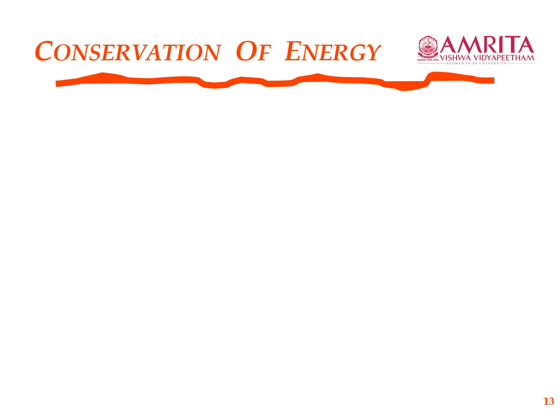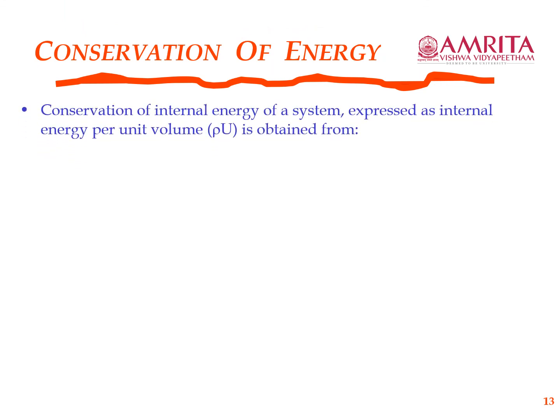Now, if I were to look at energy, again I have to look at energy per unit volume. And now U here is internal energy per unit mass. Okay, so that is how it is defined. This is basically similar to the molar internal energy, but of course it is defined per unit mass instead of per unit moles, and then you multiply that quantity by the density.